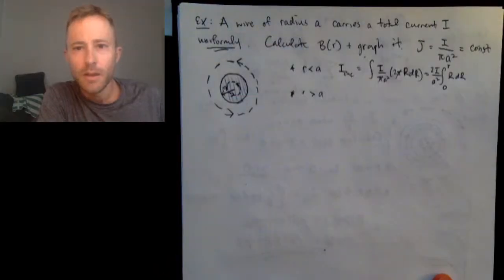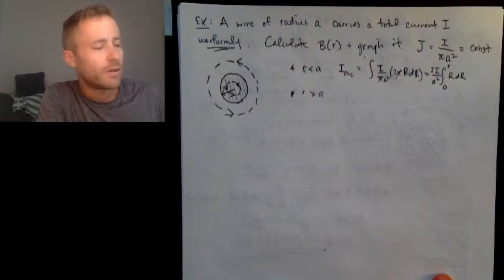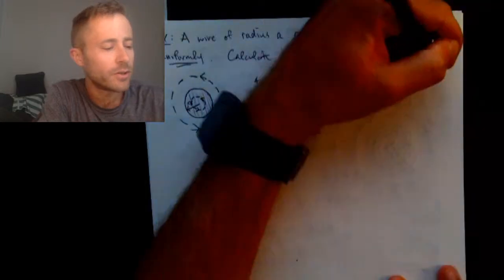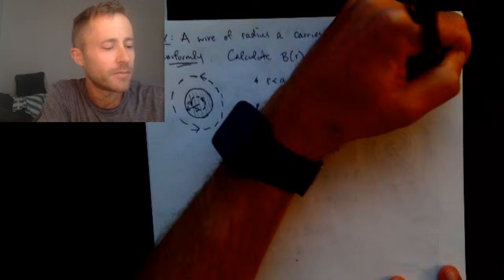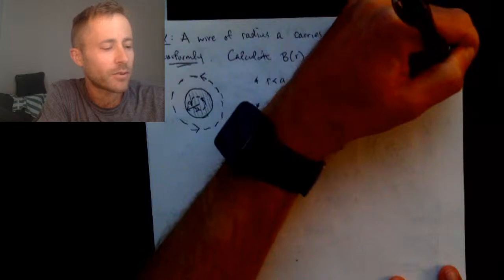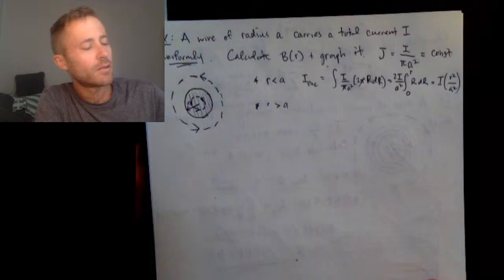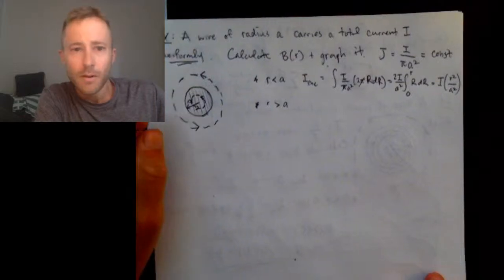And this gives the value for the current enclosed, I times r squared over a squared.